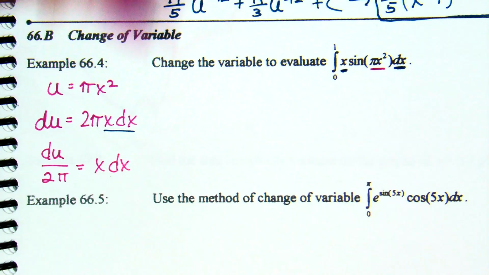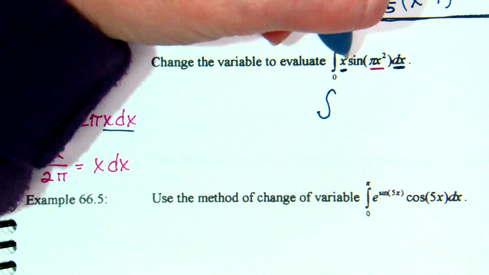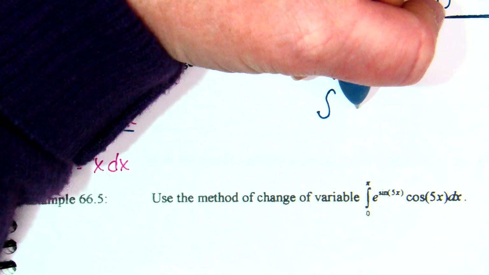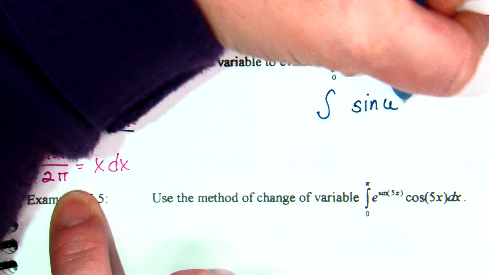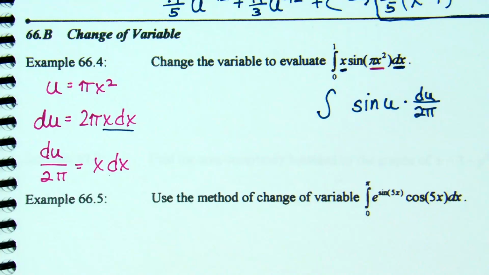Okay, so as I work to write out my integral here, sine of pi x squared becomes sine of u. X dx is going to be replaced with du over 2 pi. Now, our original problem was in terms of x.